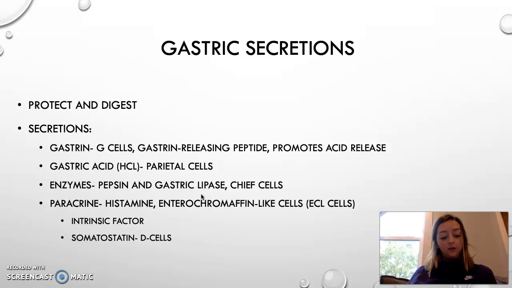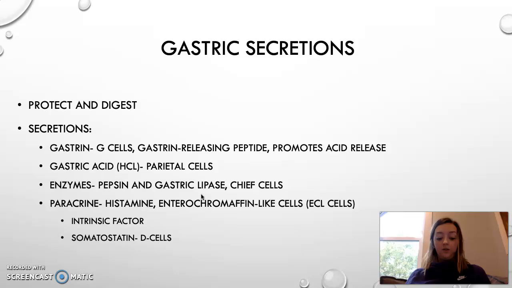So finally, we have the paracrine secretions, which include histamine, intrinsic factor, and somatostatin. Histamine is a signal secreted by enterochromaffin-like cells, or ECL cells, in response to gastrin or acetylcholine stimulation.